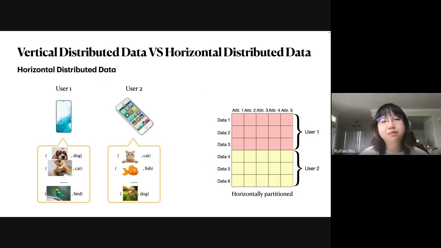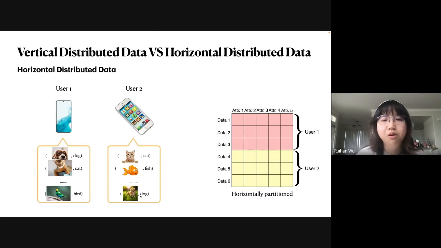Let's first talk about how the data is distributed. In the example on this page, each user has a set of image-label pairs. For example, the first user has dog, cat, bird with their labels, and the second user has cat, fish, dog with their labels.